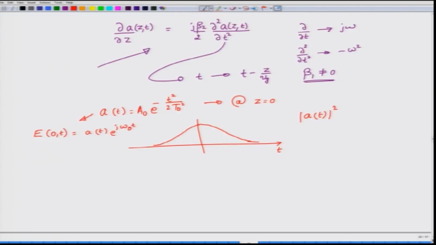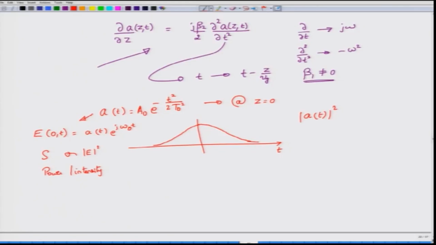So, this is actually the electric field that is propagating in the fiber, and therefore, when you take the magnitude square, you are actually taking the magnitude square of the electric field, which we know from our discussion of Poynting vector to be associated with the power density, or if I also integrate it over the cross section, I will actually obtain the power. Equivalently, I can also think of power as intensity, because they are related to each other, right. So, this is the significance of this pulse envelope.